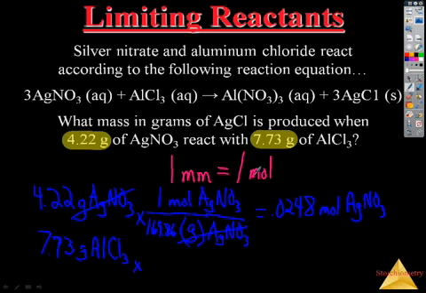The molar mass of aluminum chloride is, aluminum is 26.98, chlorine 35.45. There are 3 chlorines. 3 times 35 is about 106. 106 and 26 is 133.34.